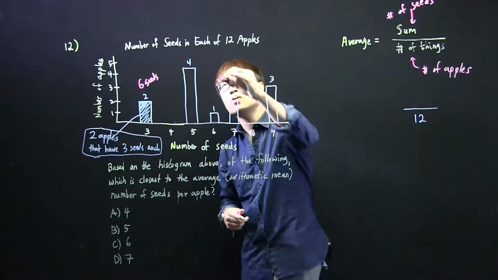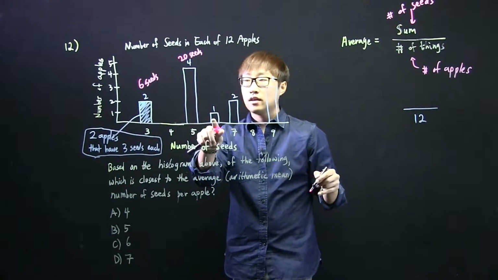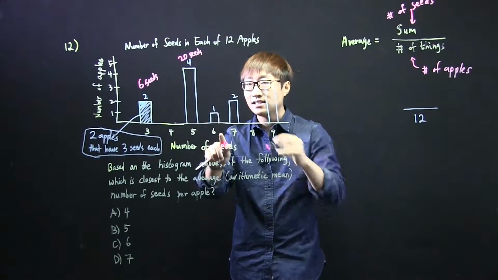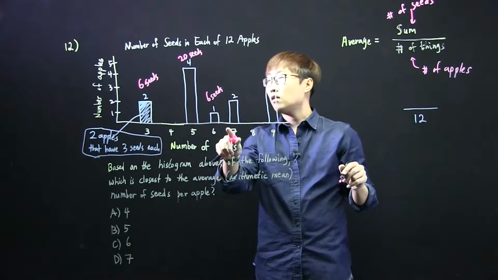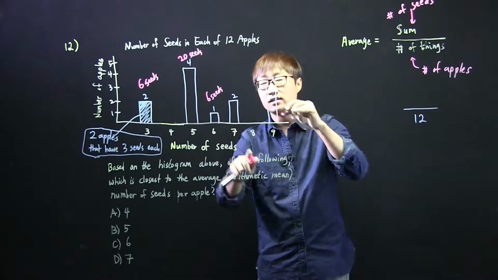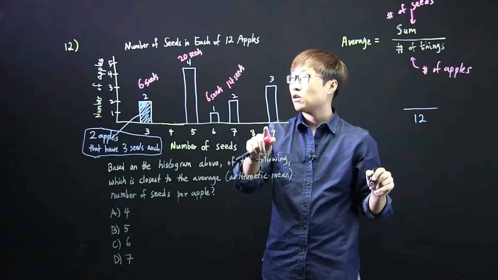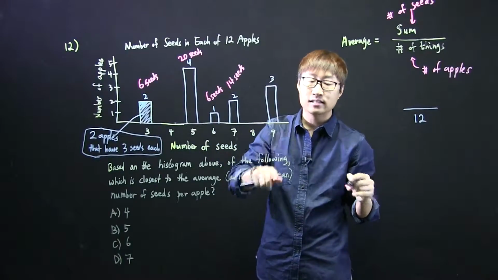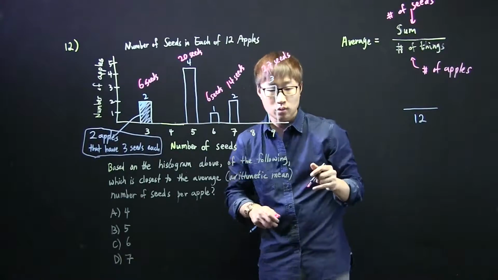So that will be 5 times 4, 20 seeds here. There is 1 apple with 6 seeds, so a total of 6 seeds here. There are 2 apples with 7 seeds each, so there are 14 seeds total here. And there are 3 apples with 9 seeds in each, so there are 27 seeds total in here.